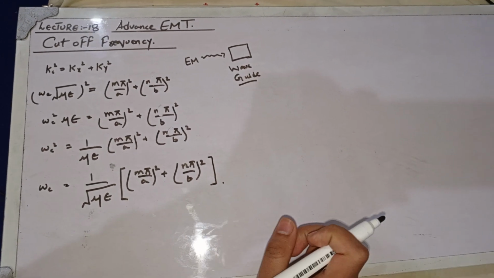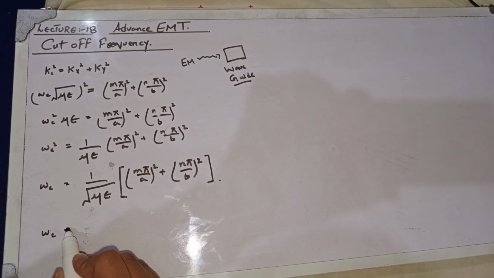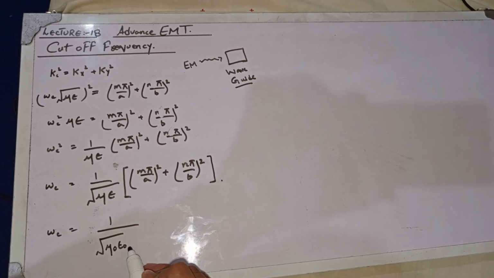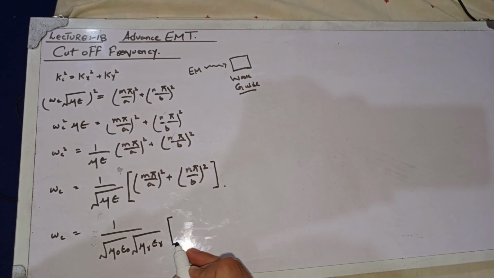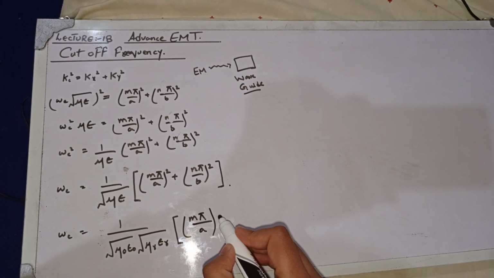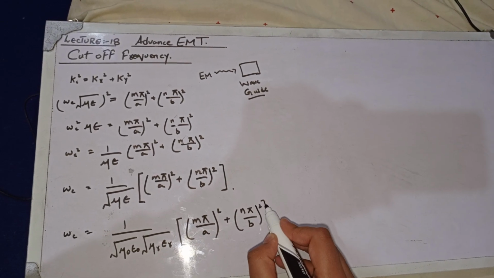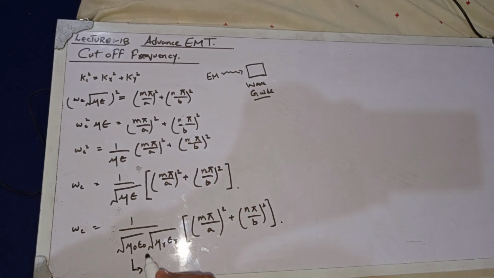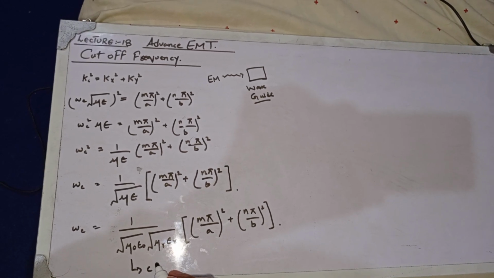Understood? Now we know that this factor can be written as 1 by under root mu naught epsilon naught times mu r epsilon r, multiplied by under root of (m pi by a) square plus (n pi by b) square. Now you know that 1 by under root mu naught epsilon naught equals c.